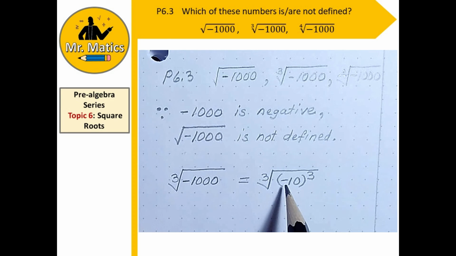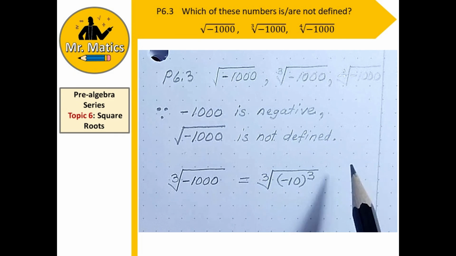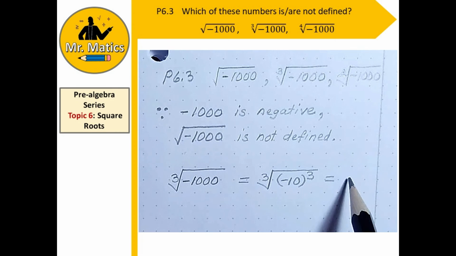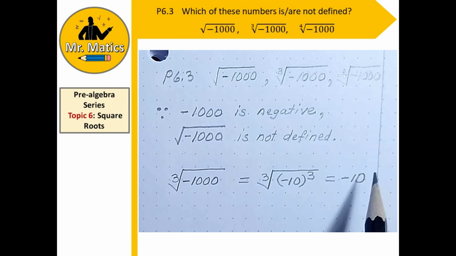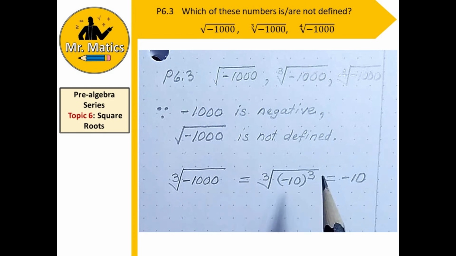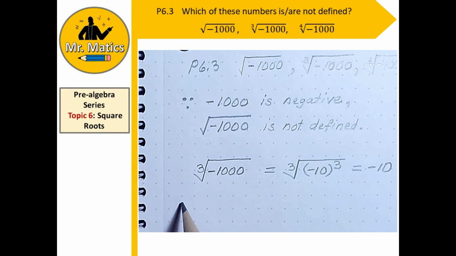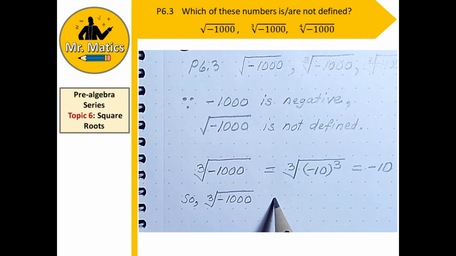See, if a negative quantity is multiplied three times by itself, then you get a negative also. So that's why minus 10 cube will give you minus 1000. And simply, if you take a cube root of that, that gives you minus 10. So this is a defined number.